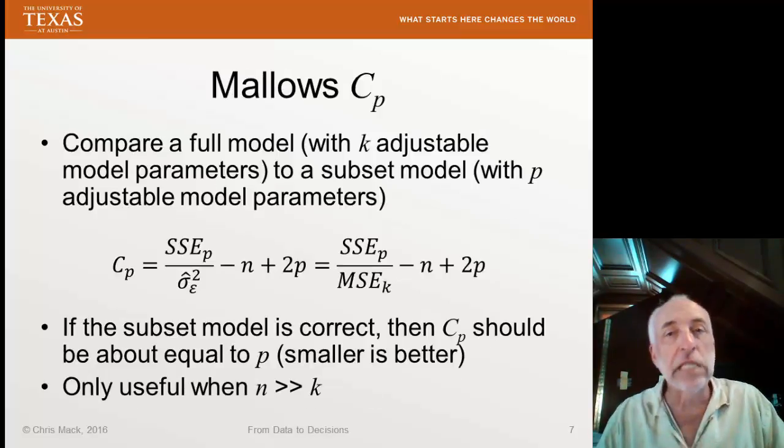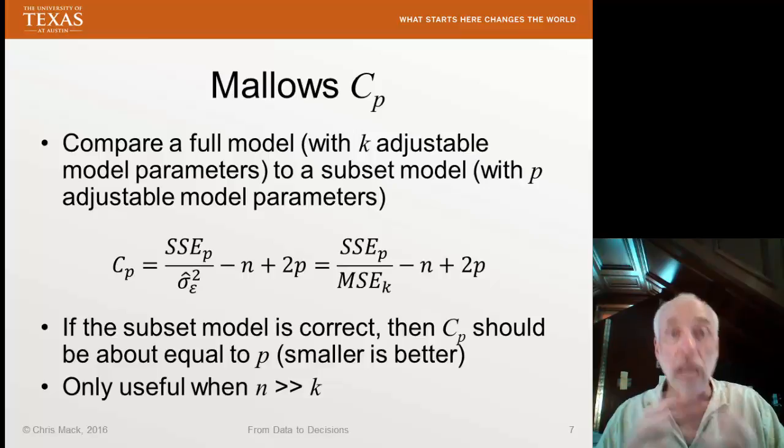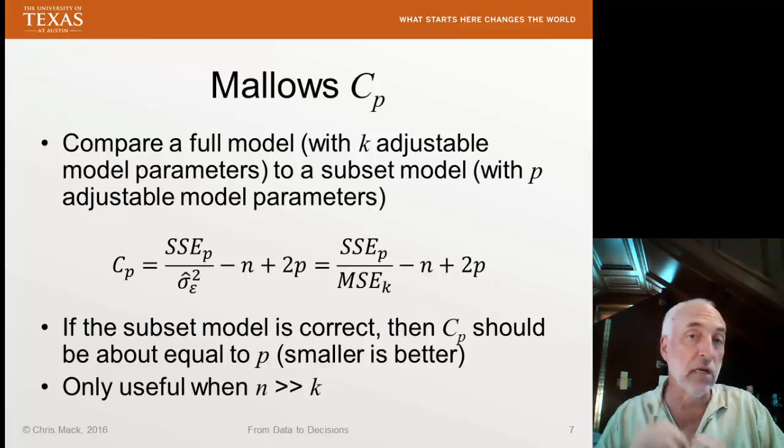All right, here's another term we can use. This is very similar to some of the information criterion ideas that we've already talked about, but it's slightly different. The Mallows Cp is like an information criterion, but it is only geared towards comparing a full model with a subset model.